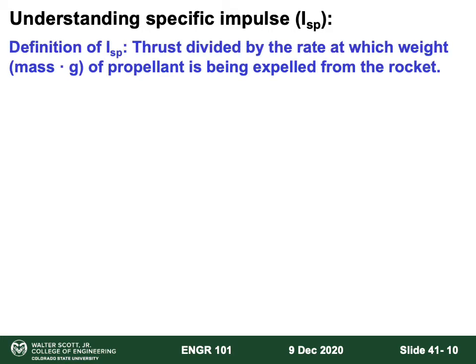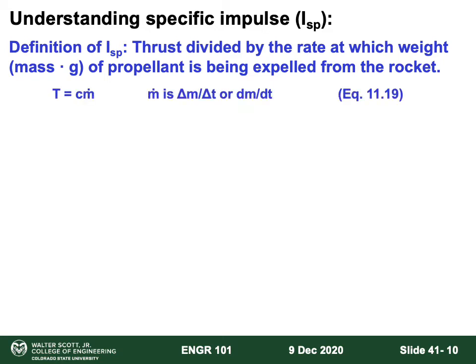So we're going to look at that equation again, and we're going to define another variable, which is basically the definition of how rockets work and the key characteristic to make the best rockets possible. And that's something called specific impulse. Specific impulse is defined as thrust divided by the rate at which the weight, which is mass times the acceleration of gravity, of the propellant is being expelled from the rocket.